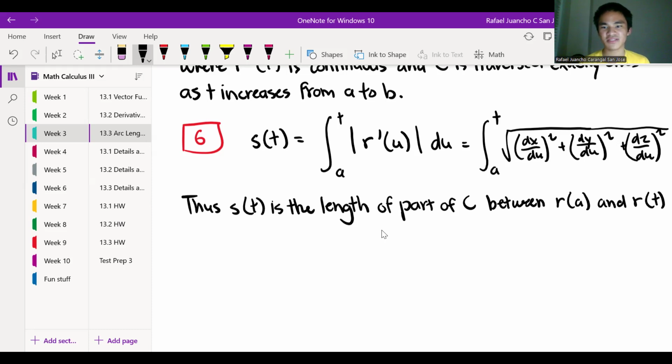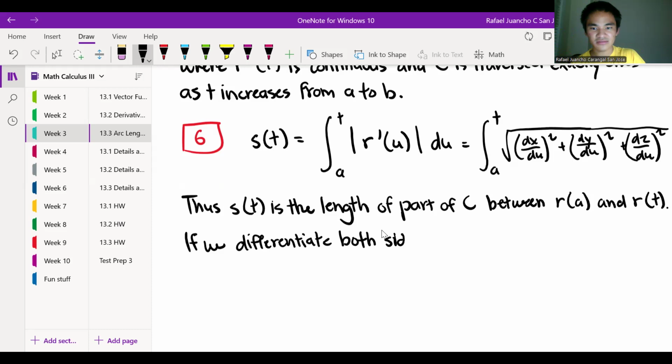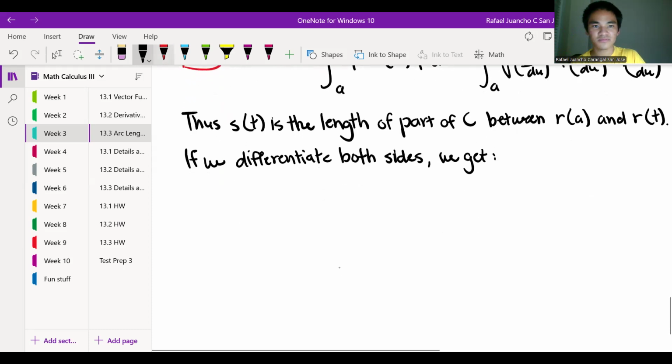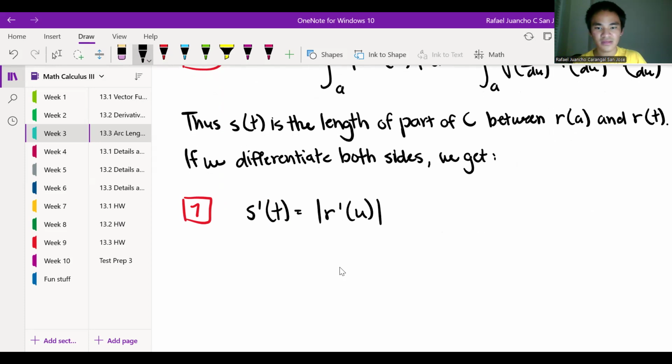And if we differentiate both sides, so if we take the derivative, we get s prime of t is just the length of r prime of u, or r prime of t, it doesn't matter.